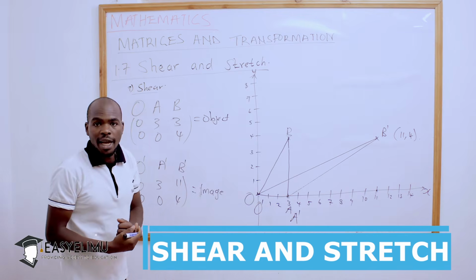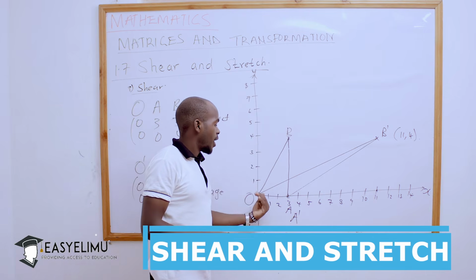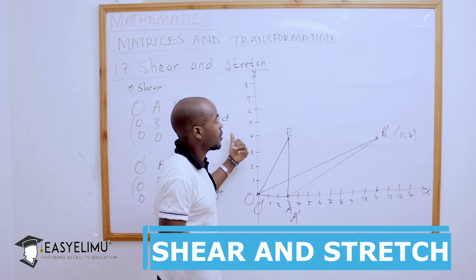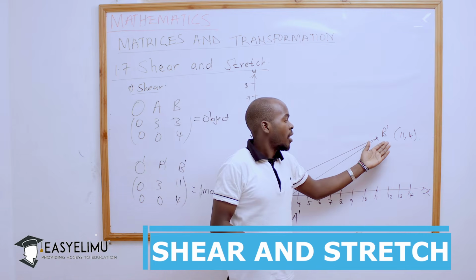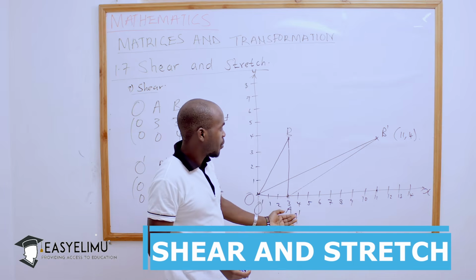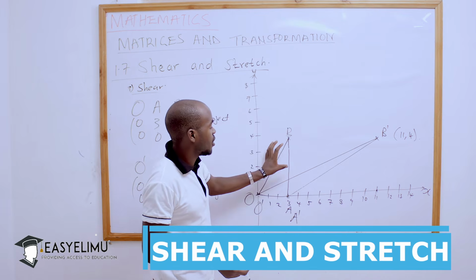So as we can see here, our triangle AOAB has undergone a shear matrix, and it has become this new triangle which we have O prime, B, A prime, and then B prime. This is the image and this is the object.